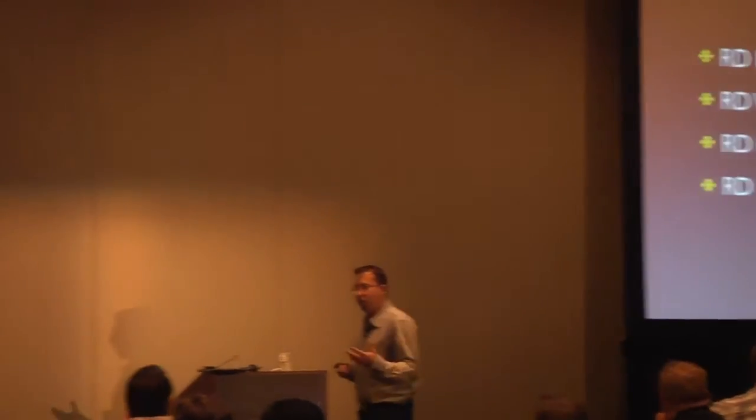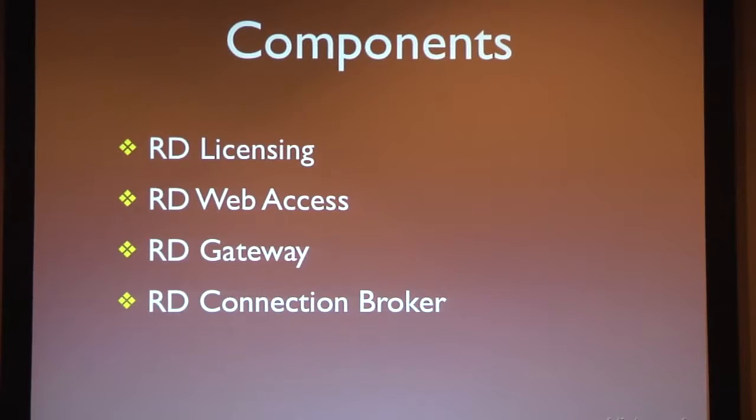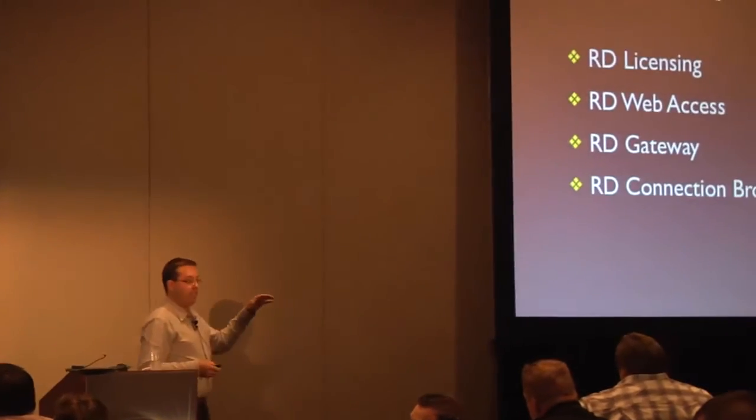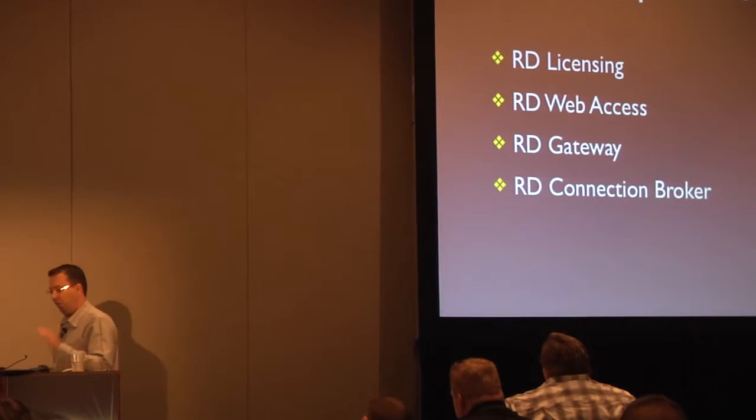The connection broker, Citrix has no real equivalent because of the way they determine where your session is or should go. The connection broker is just a component that basically knows where to send your user session.